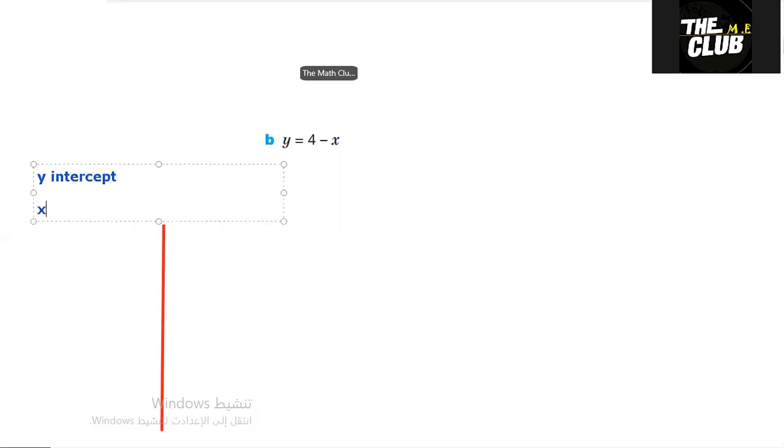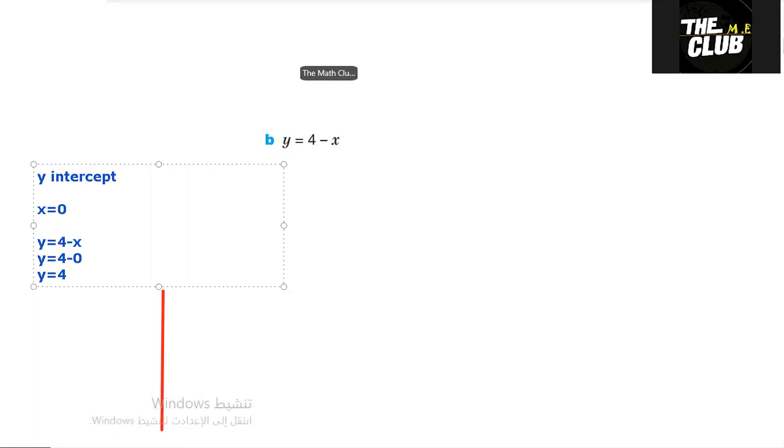And we said the y-intercept means x equals 0. Very good. Now, let's do it very fast. So y equals 4 minus x. We're going to write it here. Y equals 4 minus x. And then we're going to say x equals 0. So y equals 4 minus 0. And 4 minus 0 is 4. So y equals 4. Very good.